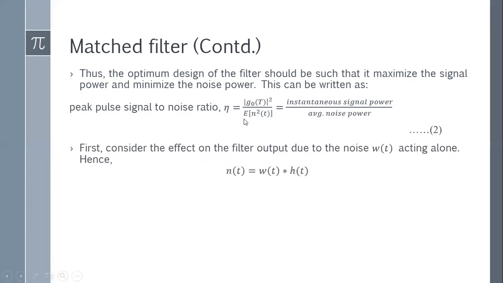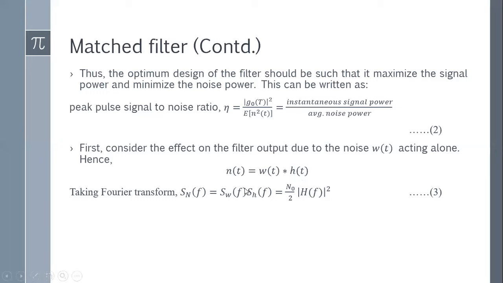So first I am considering the noise portion. The noise portion is given by w of t convolution h of t. Now if I take the Fourier transform, we can write the Fourier transform of this white noise as Sw of f, and the Fourier transform of the impulse response h of t as H of f.